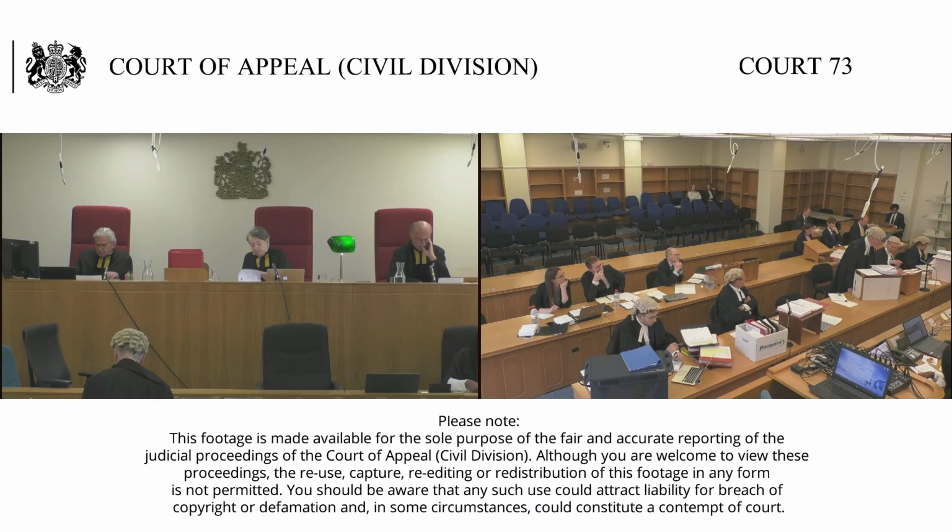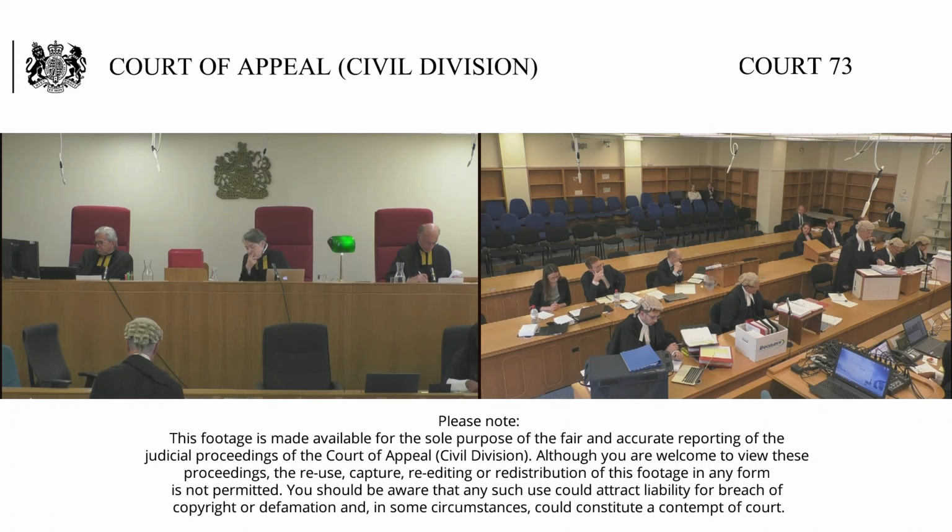And then he wraps that up in a kind of Jamil-esque point at 104. And then, for good measure, at 105, goes back to his point about the difficulties of ascertaining the membership of the class.